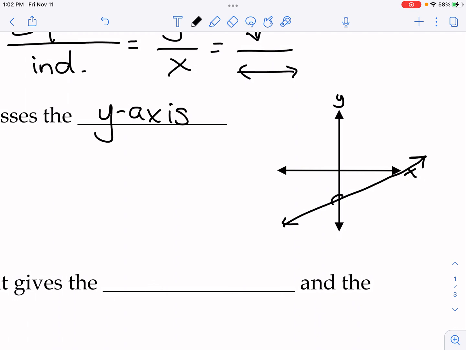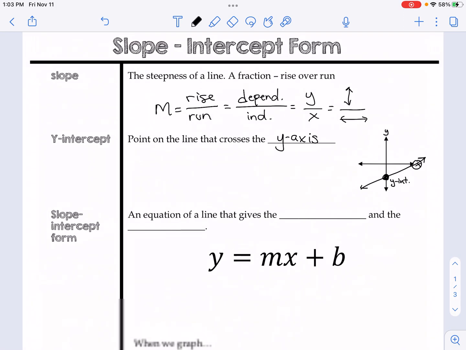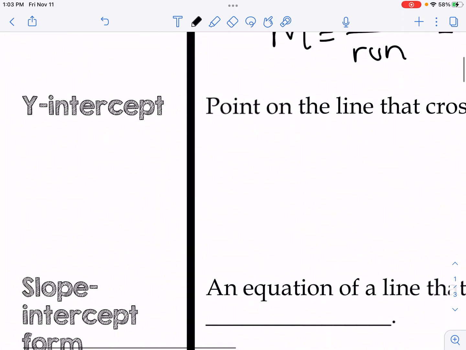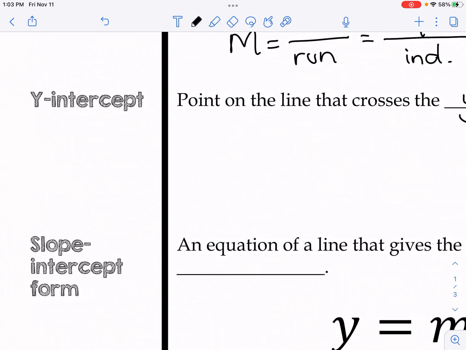Right here, this is the y-intercept. Although we see it crosses the x-axis here, that's the x-intercept, but we don't use the x-intercept to graph a line in slope-intercept form. We only use the y-intercept, as noted on the left side of our guided notes.